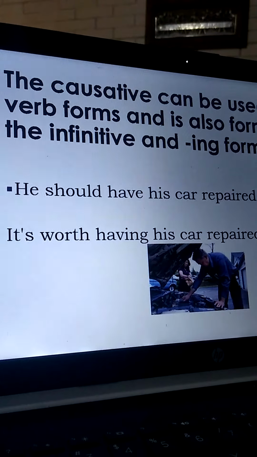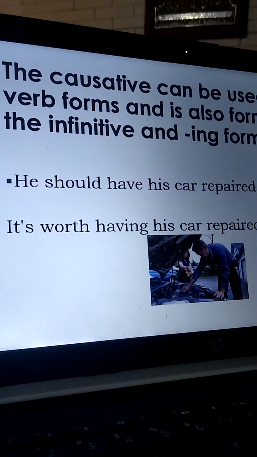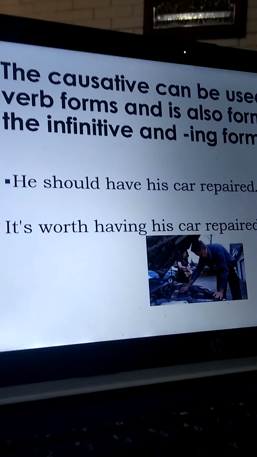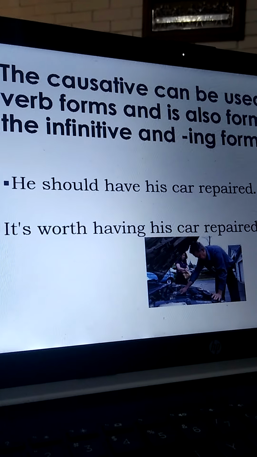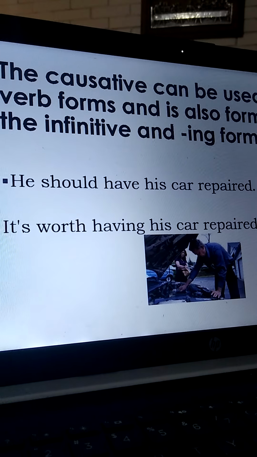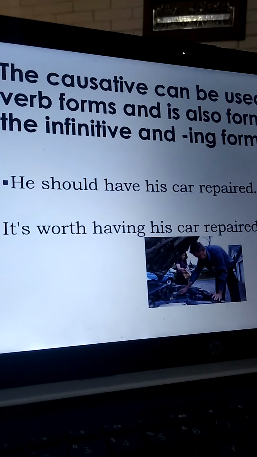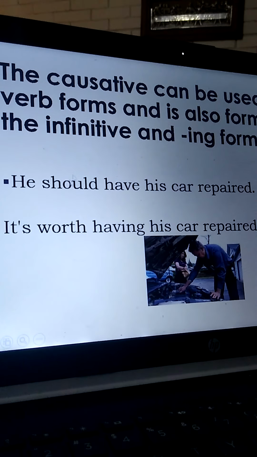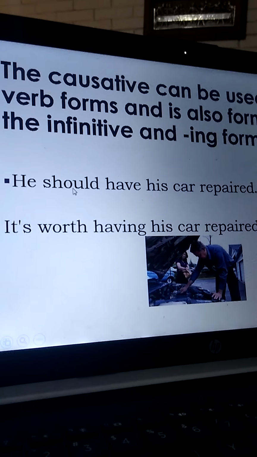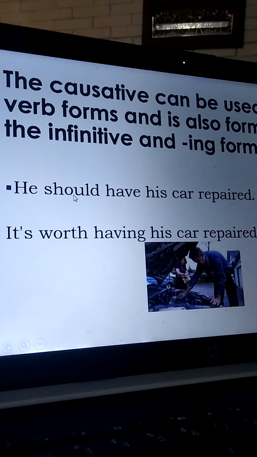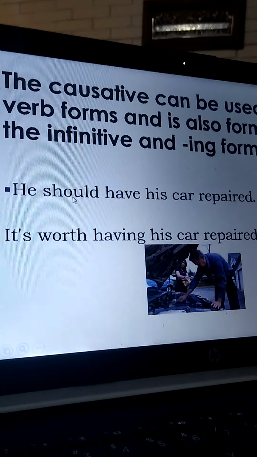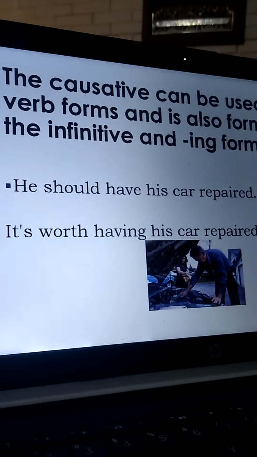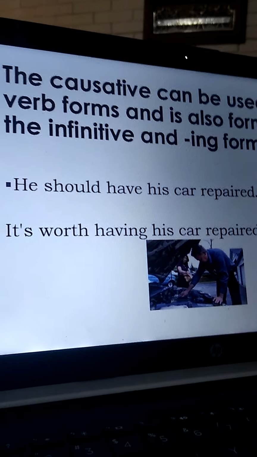The causative can be used with most verb forms and is also formed with infinitive and ing forms. You can use ing. He should have his car repaired. It's worth having his car repaired. This is like a suggestion. Should have, if you have heard the contraction like that, he should have his car repaired.